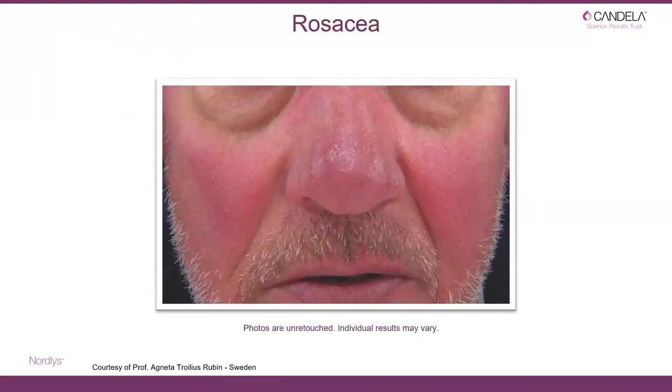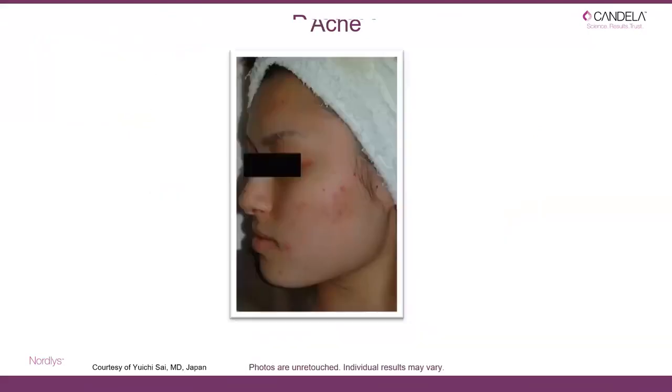This is a very typical rosacea patient. You can see they have this flushing, this diffuse redness, but in this case without any telangiectasia or thread veins. Here is a very typical presentation of acne. This can either be acne vulgaris or acne rosacea.